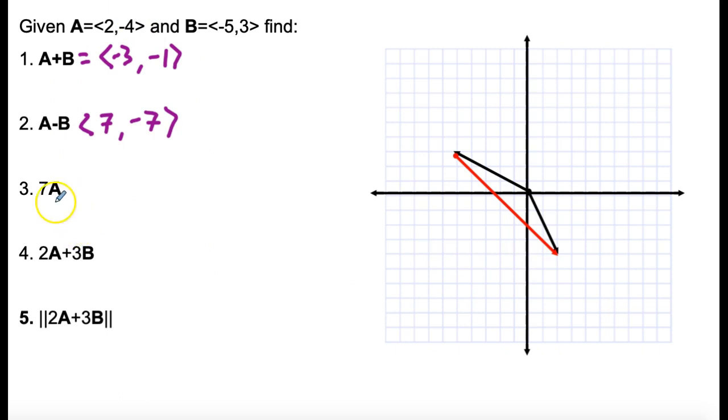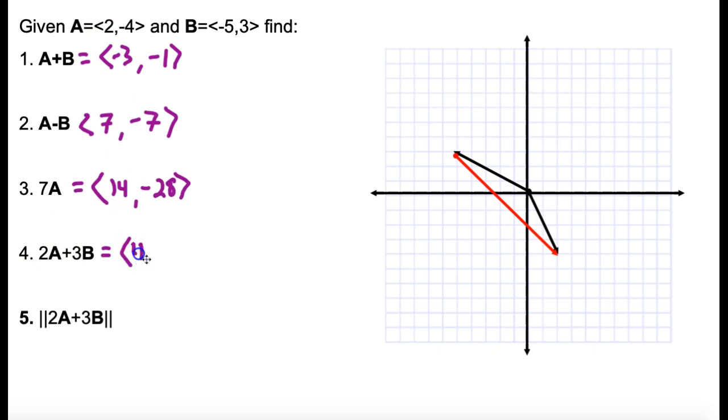Then if I want to use a multiple here, a scalar, all I'm going to do is multiply each individual component by 7. So 7 times 2 is 14. 7 times negative 4 is negative 28. Now, I can use scalars and addition, right? So if I want to, let's first multiply a by 2.